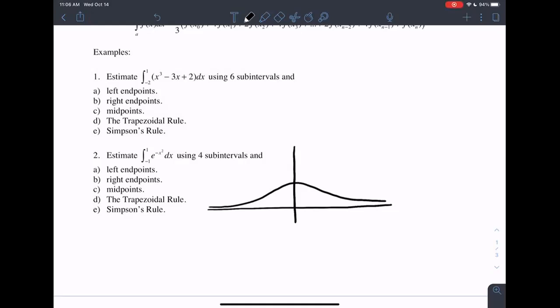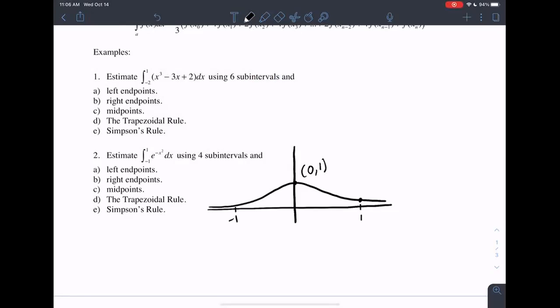It should be symmetric about the y-axis. Notice the minus x squared. Notice when x is 0, the y value is 1, since e to the 0 power is 1. And then as x increases, the y values decrease. So 1 will be out here, -1 will be out here.